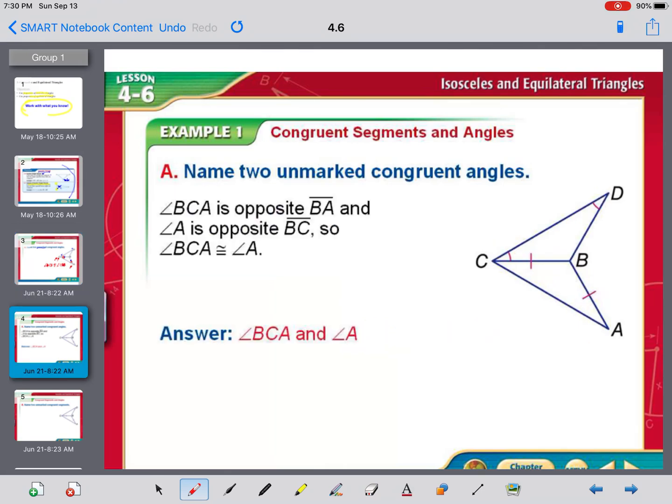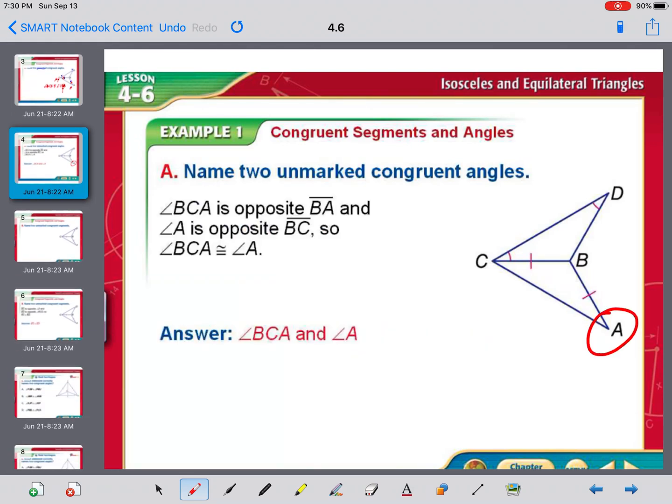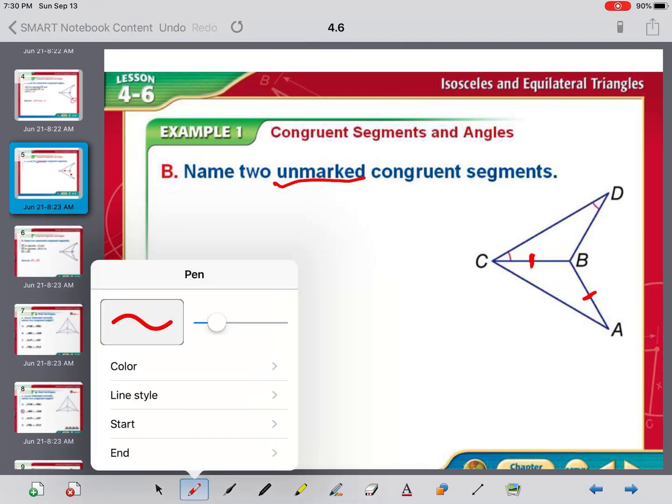You'd need to be more specific. I would call it angle BCA is congruent to angle, and I would probably just go ahead and call this CAB. Let's see what the answer key has. BCA. And they did just use the one letter for angle A, which you could have. I used A as the central letter, so that's what the vertex has to be. That would work either way.